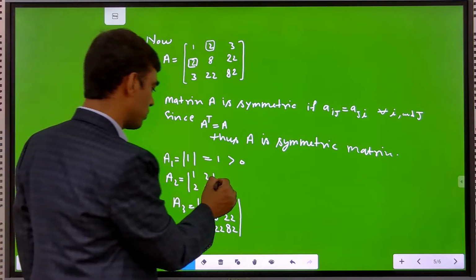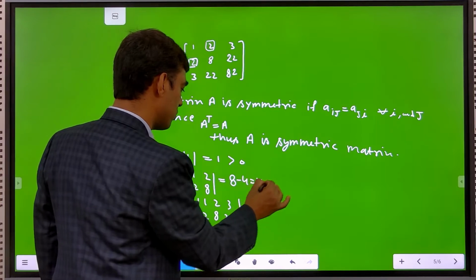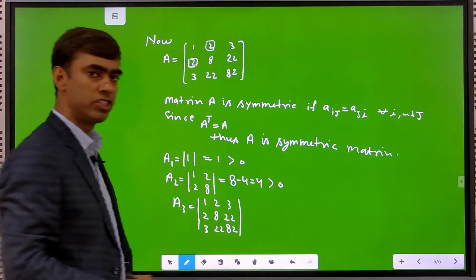The value of A2 is 8 minus 4, which equals 4, and this is also greater than 0.